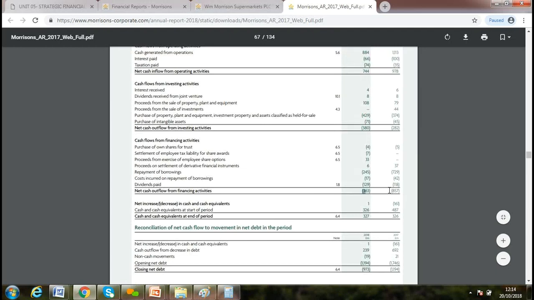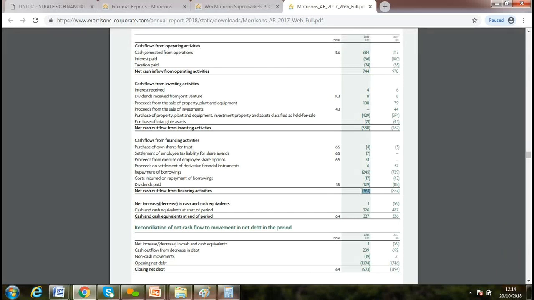If you look under financing activity, last year the cash position was 857 million. This year the cash went out of the business, so they have settled some liability and used the cash. So what's the net effect on the cash, the net figure for this period? Last year the overall cash position was 326 million.